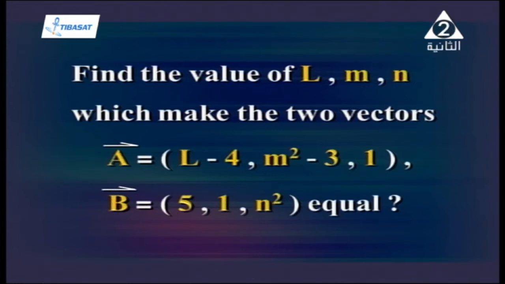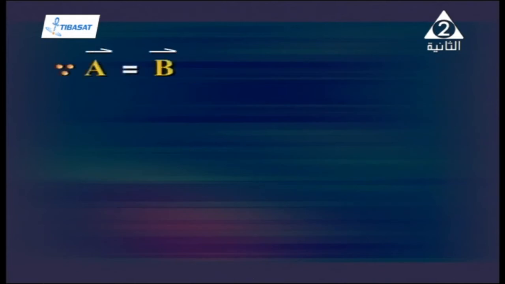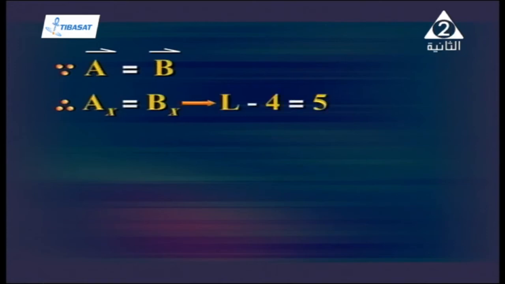We know that, my dear student, if two vectors are equal, then we deduce ax equals bx, ay equals by, az equals bz. Look at ax: the component of a is L minus 4, component bx is 5, then L equals 9.